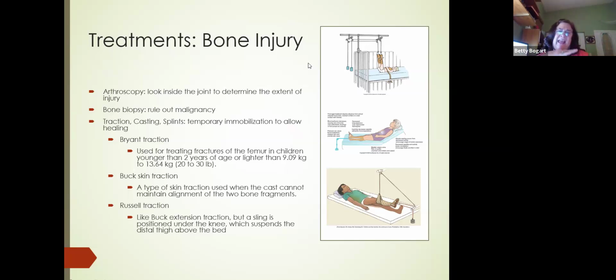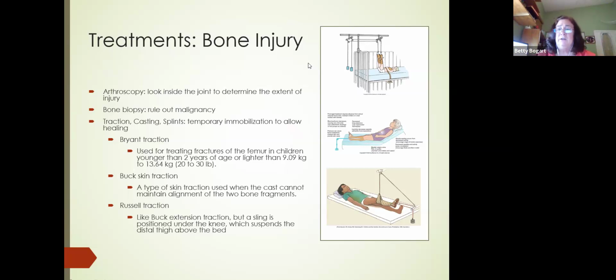The buttocks is slightly off the bed. What it does is pull that femur up into place instead of crooked. It keeps it from going to the side, because that hurts. Also, in developmental hip dysplasias that don't want to get back where they should be, sometimes they use this traction too on children that are older.